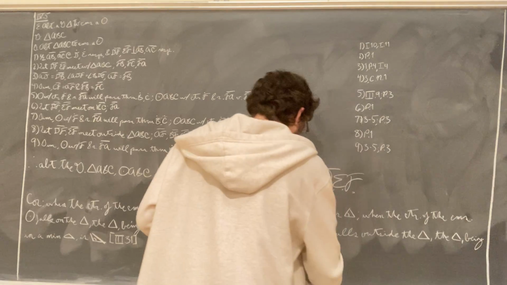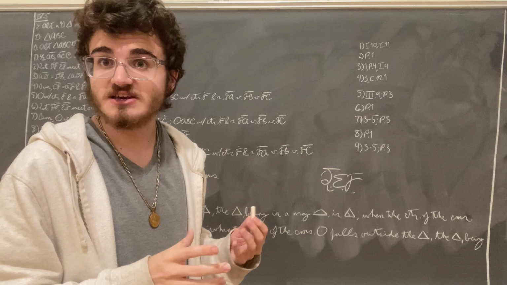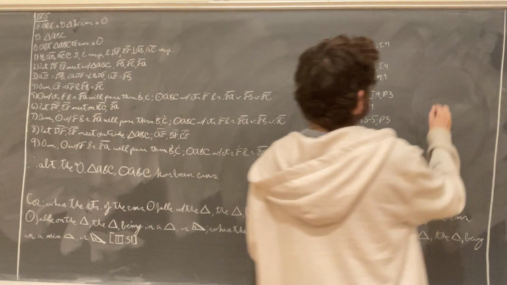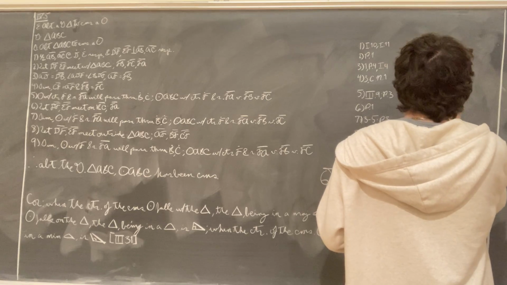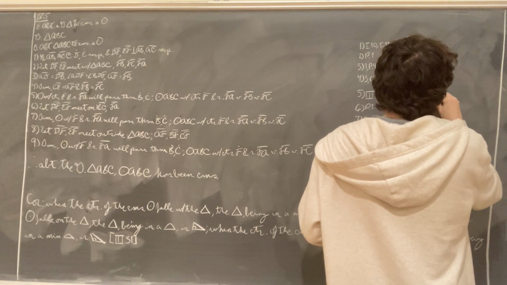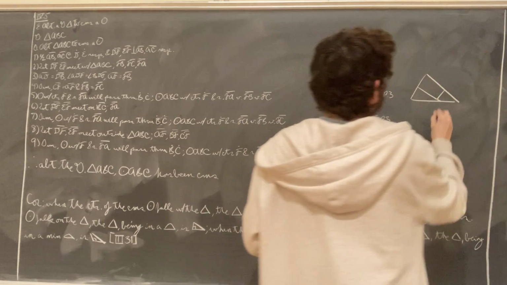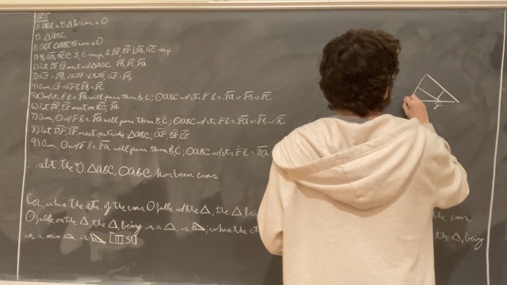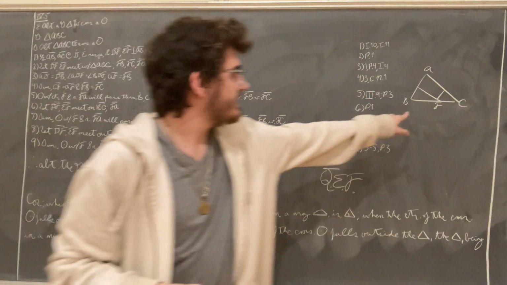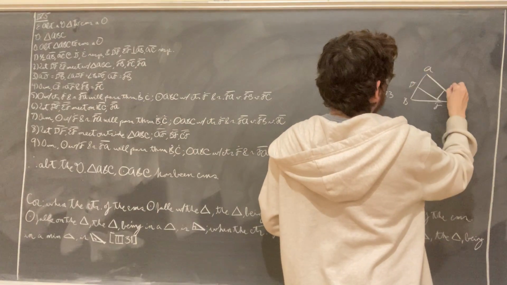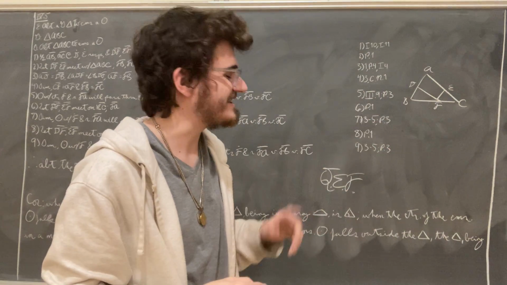Next, let's deal with the case where the meeting of the perpendicular bisectors of AB and AC is on the straight line BC. Like so, this point F at which DF and EF meet is on the straight line BC.